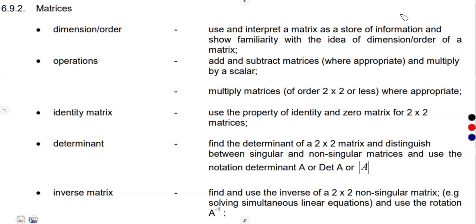We are still on our O-level mathematics, working with matrices. This is going to be an introduction to matrices, basically according to our syllabus.